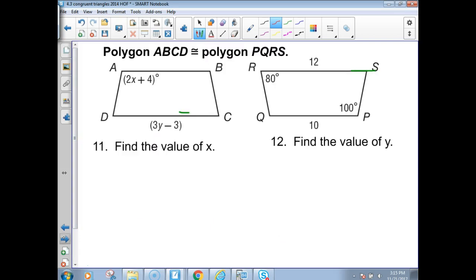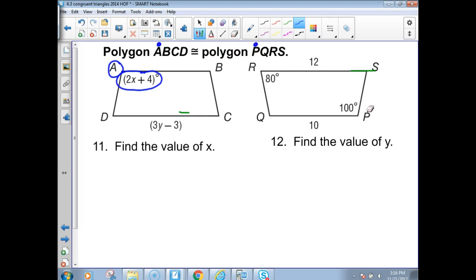Now, I want to show you something on here because this is a polygon, not a triangle, right? It has 4 sides. It's actually a quadrilateral. What matches up? So you can use the letters. If you're trying to figure out what x is, you're going to use the fact that angle A corresponds to what? Go over to the statement.